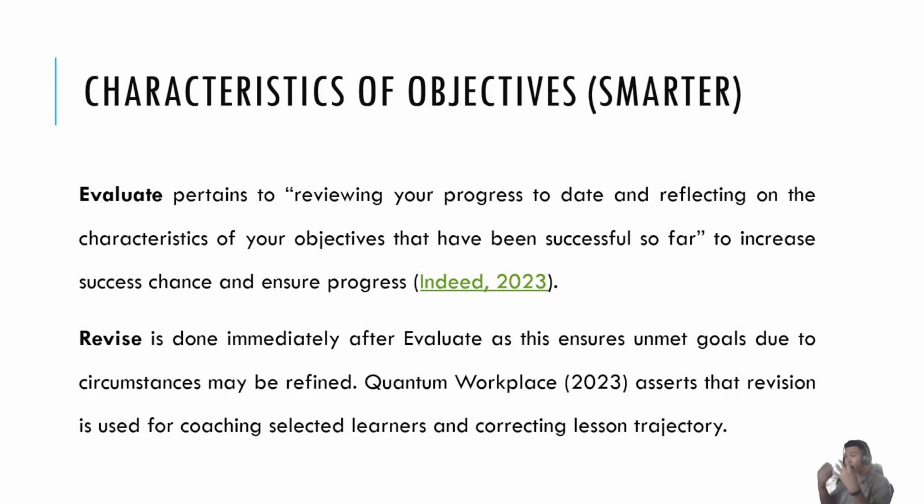Okay? What this additional 2 letters add to the SMART framework is the sense of constant improvement. Kasi after ka gumawa ng isang lesson, pag ginamit mo yung E and R, chances are, kapag ituturo mo ulit sa susunod na klase mo, mas magiging effective.